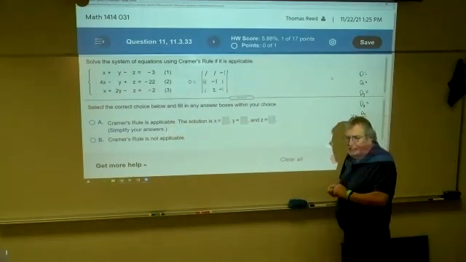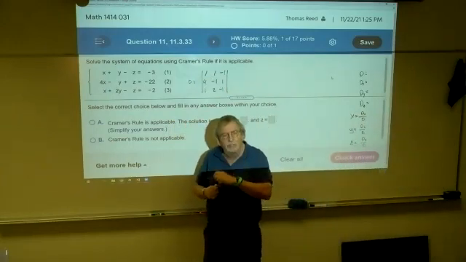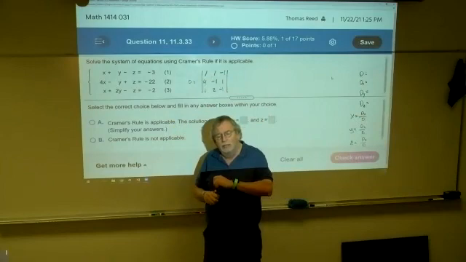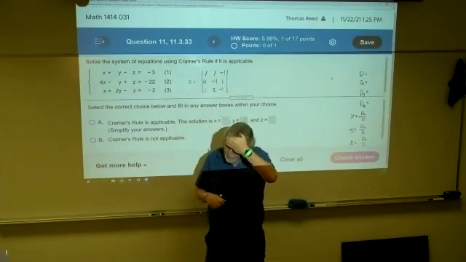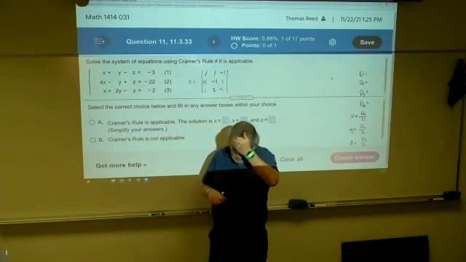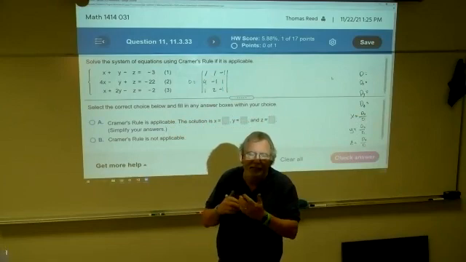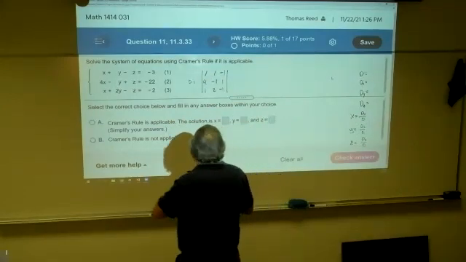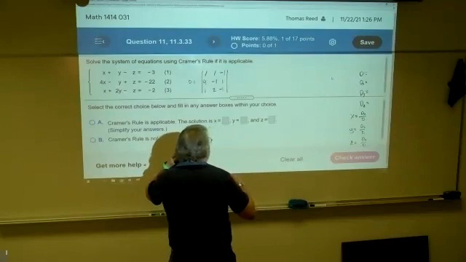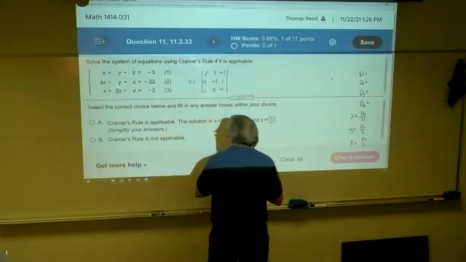To find the determinant of a 3x3 matrix, I've given you 2 ways of doing it. I tend to favor multiplying the diagonals, and then I subtract or add depending upon which direction it's moving. Or you could do it by using minors. I'm going to show using the minors first.